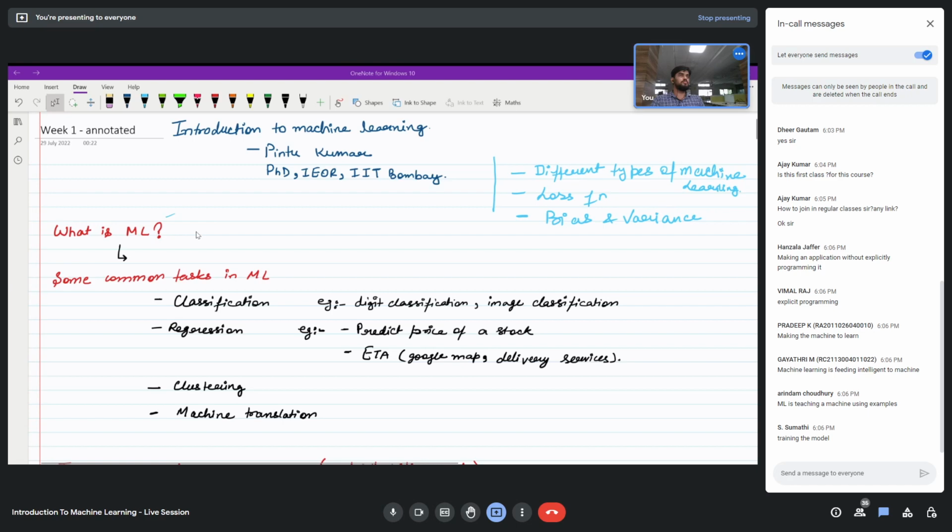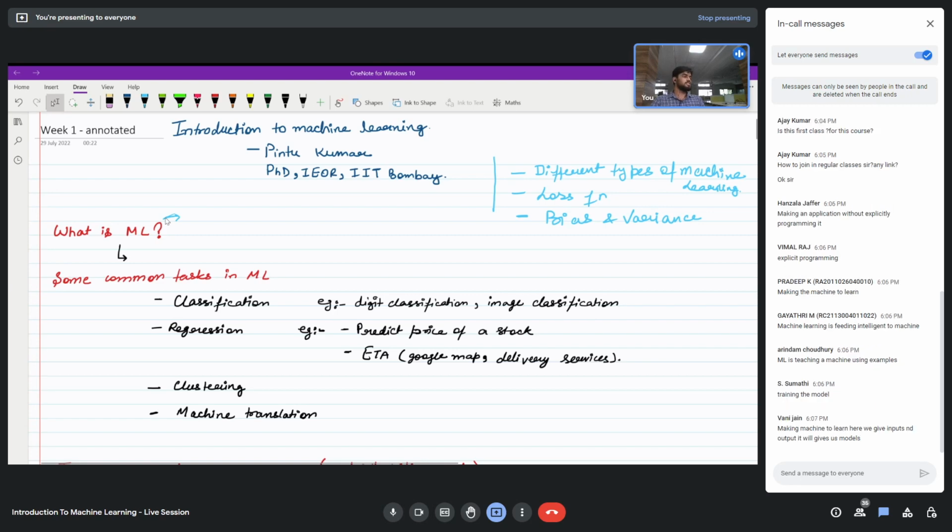Now, if you want a machine to perform the same, it is very difficult to explicitly code, you have to move your feet, then move down. So this kind of algorithm is very difficult to model explicitly. So machine learning is nothing but giving the ability to a machine to learn from its experiences, whatever it sees, whatever is fed into it. That is what machine learning is for me.